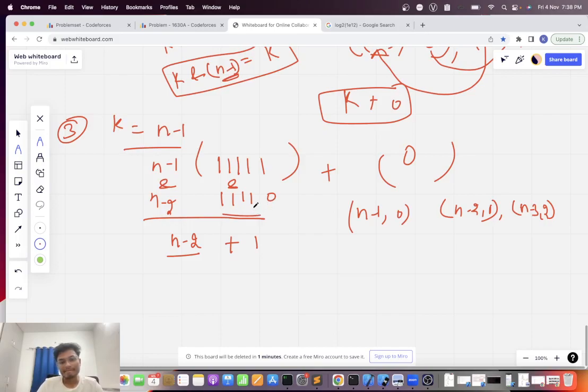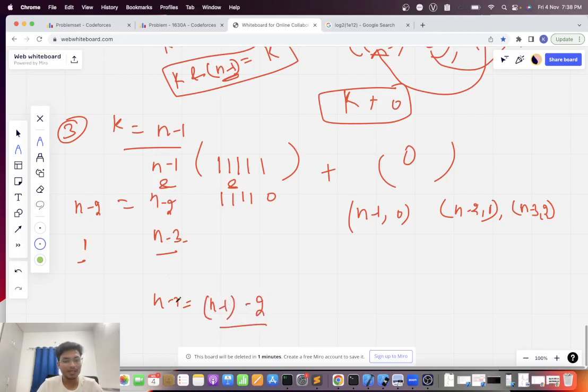Okay, so in n minus 3, let me erase this. For now here I get n minus 2 value, I need 1. If I say n minus 3, how will the bit image look like? So n minus 3 is equal to n minus 1 minus 2.